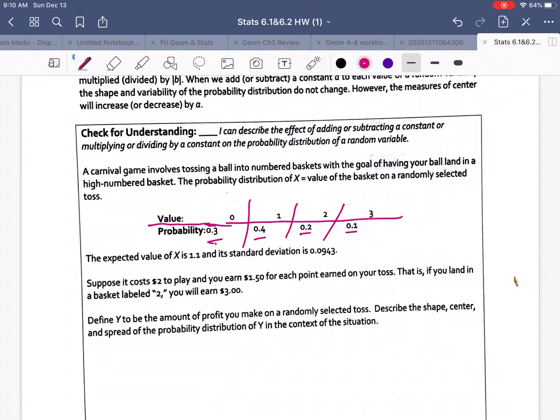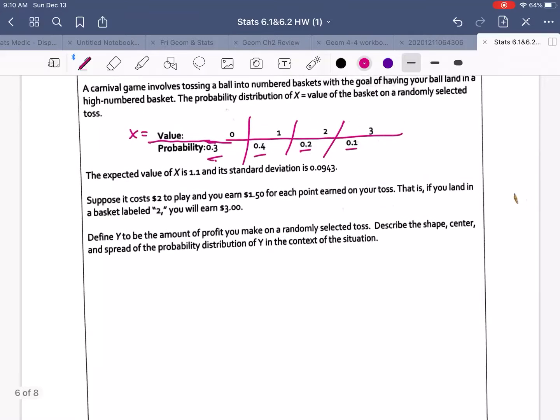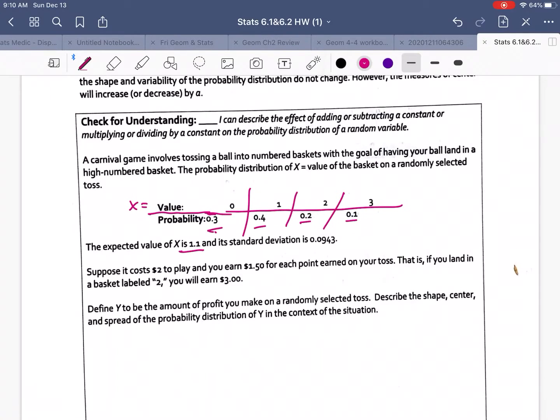The probability distribution below is X, the value of the basket on a randomly selected toss. It tells us that our expected value is 1.1 and the standard deviation is 0.0943. In the previous section, we had to calculate these, and now they're given to us.